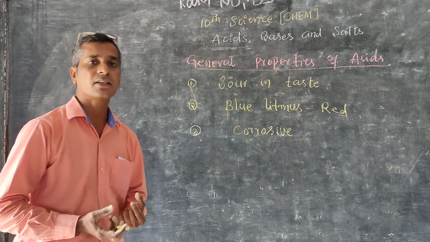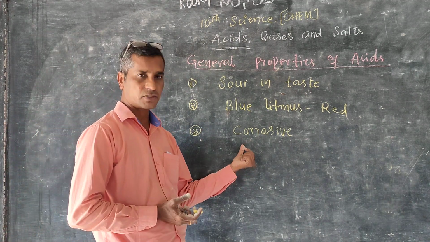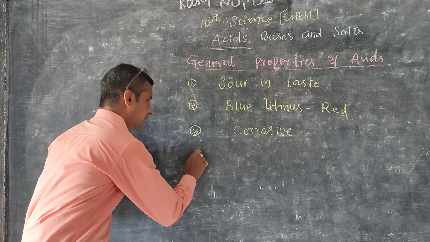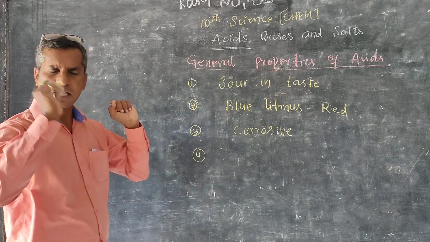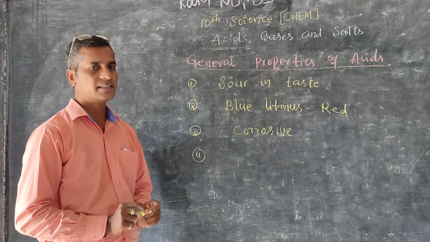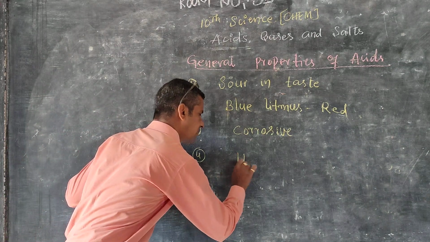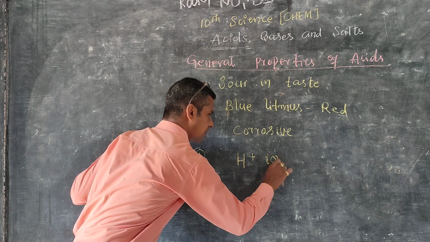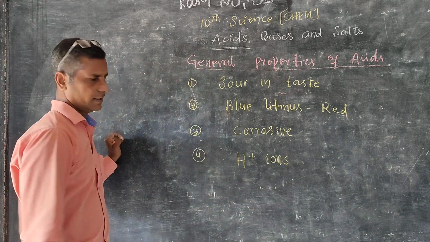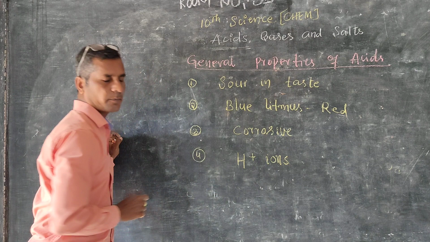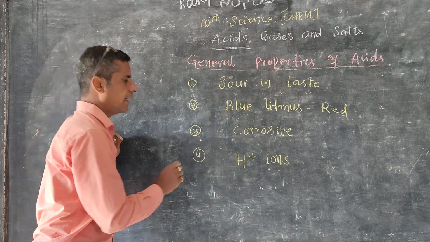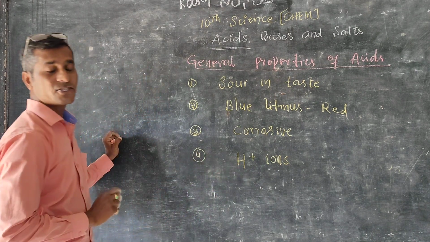It makes a weakening of the metal, that is called the corrosive nature of the acids. At the same time, another important property is that the acids produce H plus ions.